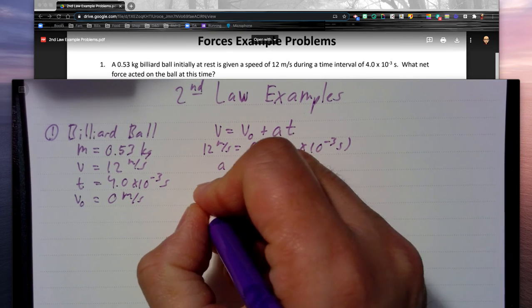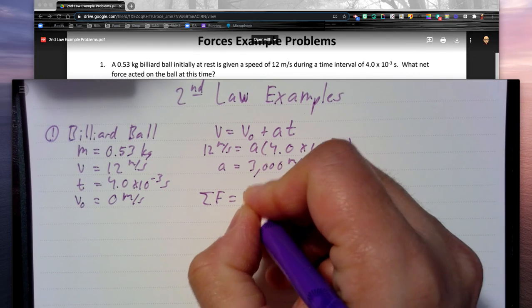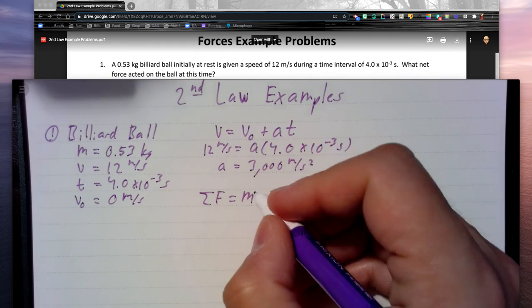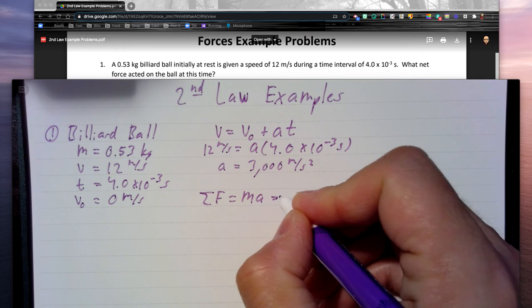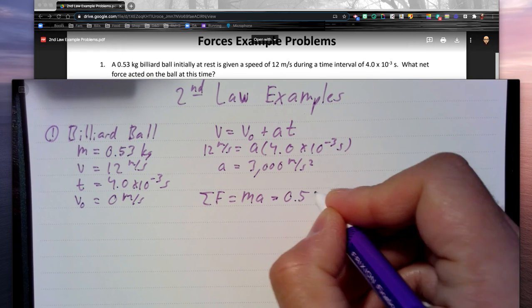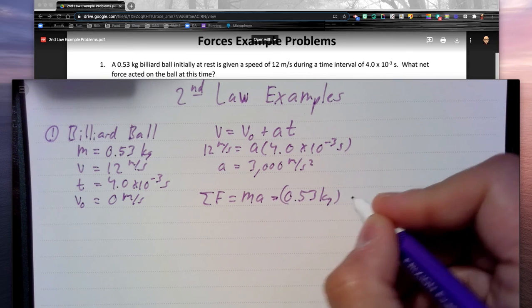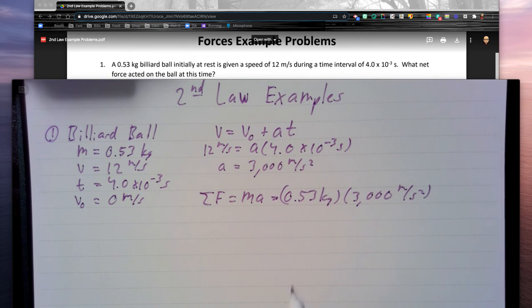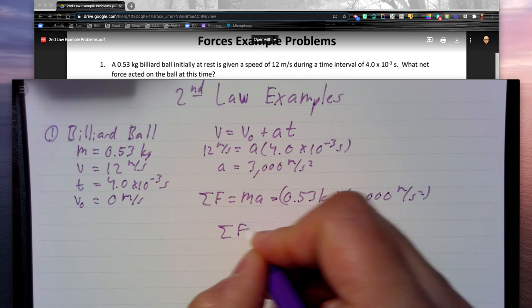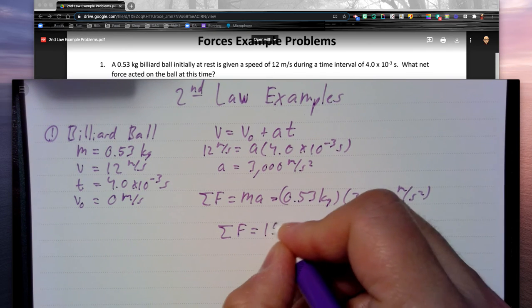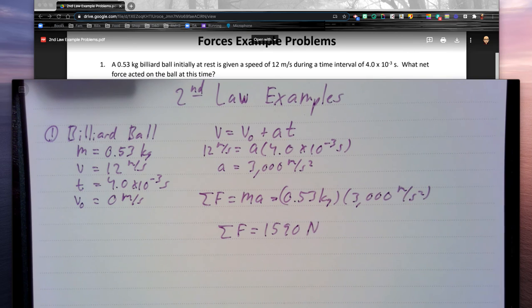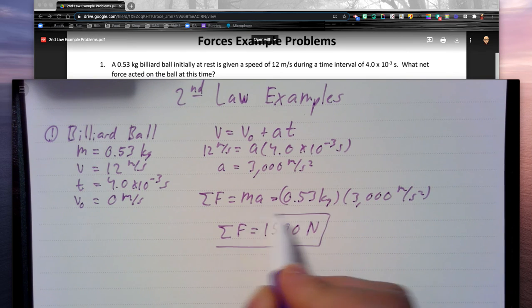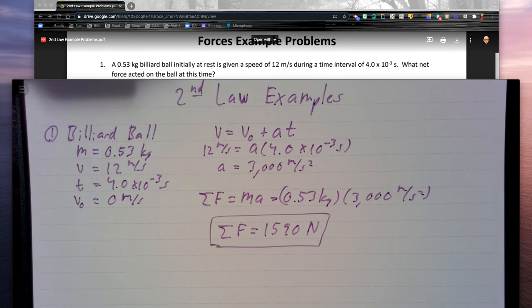All I need to do now is net force equals mass times acceleration. That is 0.53 kilograms times 3,000 meters per second squared. So the net force in this situation is 1590 newtons, which is a much bigger number than we talked about in class previously, but still that's not that big considering what's happening. So that's problem number one.